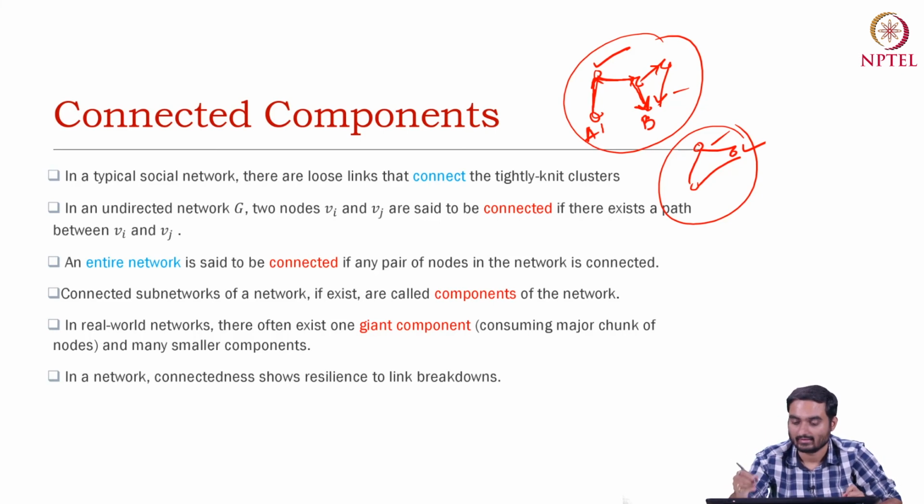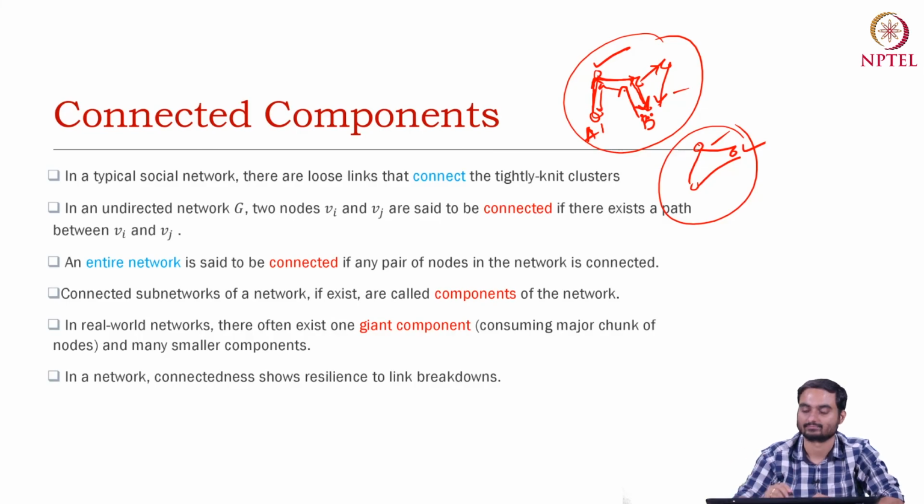So let's take an example, a component in a directed graph where there exists a path between all pairs of nodes. So from A to B there is a path, from B to A there is a path, for all pairs of nodes. Then it is a strongly connected component, meaning that you have an edge like this, you have a path like this, right.